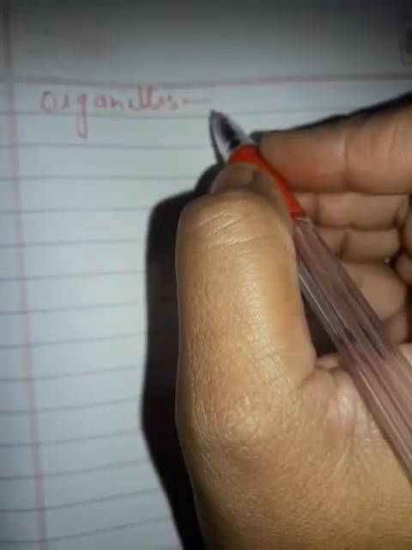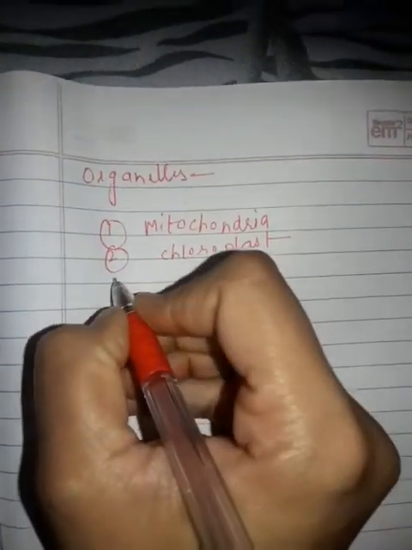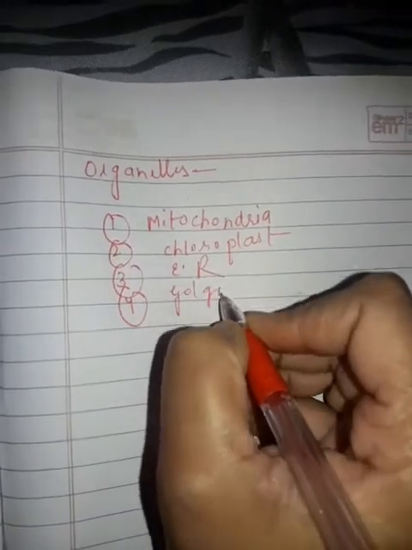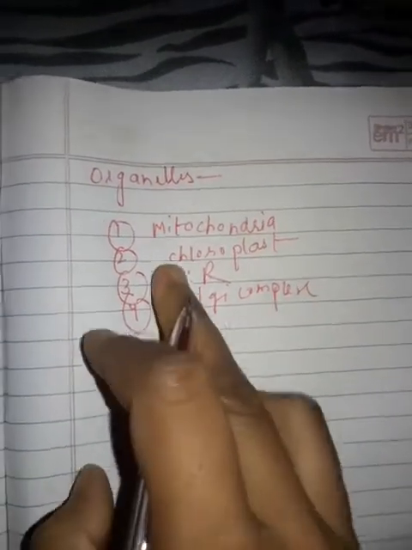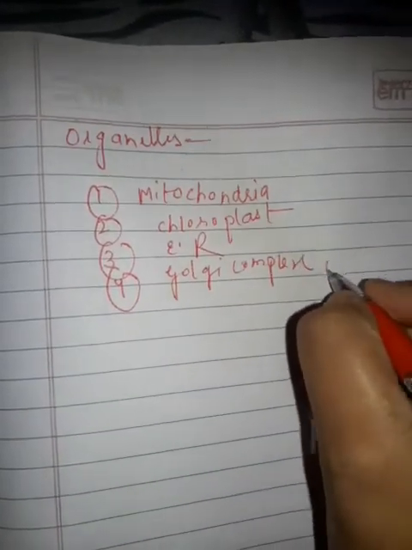Now come to the organelles. A number of structures called organelles occur in the cytoplasm, and these are: first one is the mitochondria, second one is the chloroplast, third one is the endoplasmic reticulum, and fourth one is the Golgi complex or Golgi bodies.